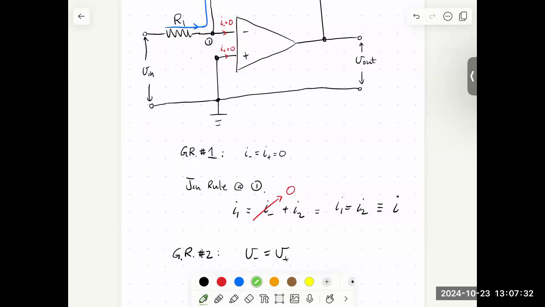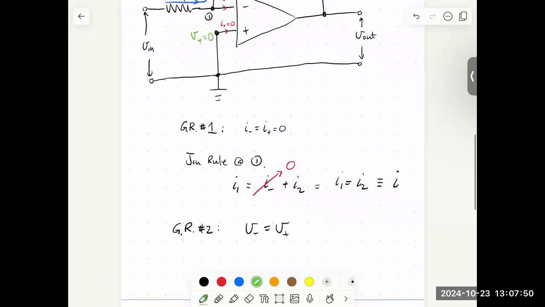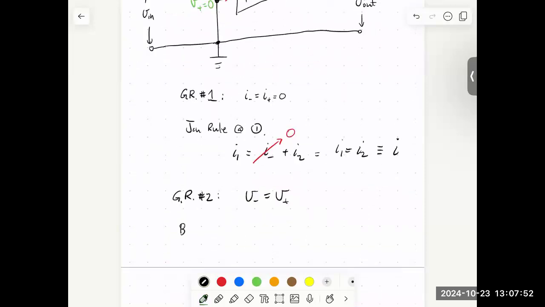Because if I look here, V plus is the voltage at my non-inverting input, but that's connected directly to ground. There's nothing between V plus and ground except an ideal wire. And so because V plus has a direct connection to ground, V plus is equal to 0.